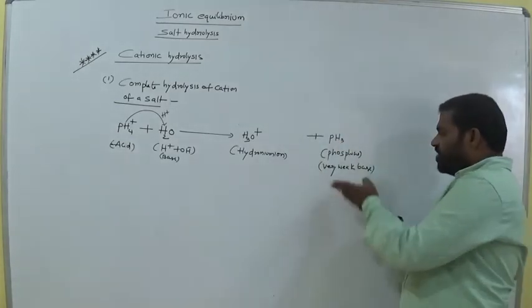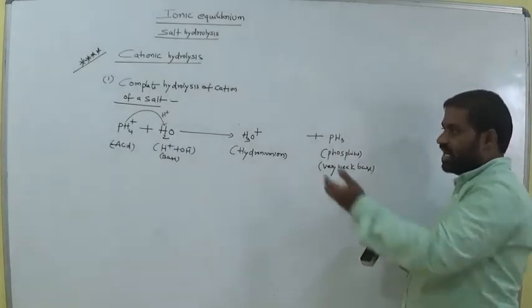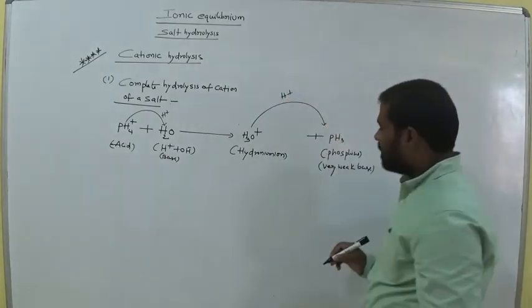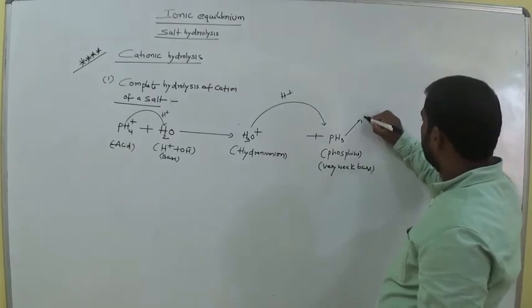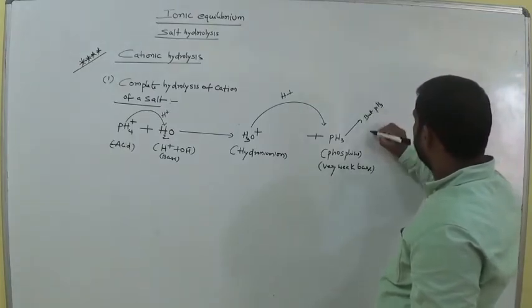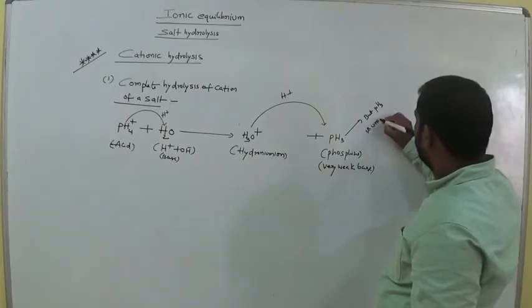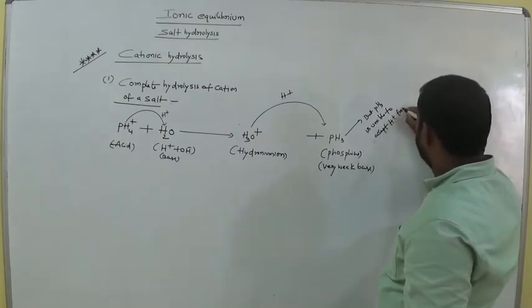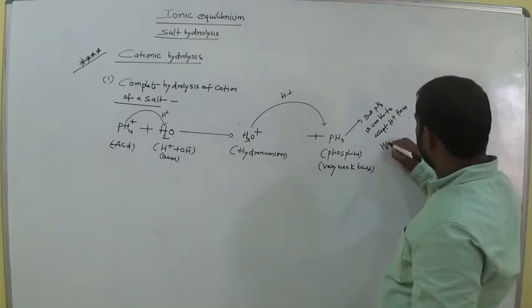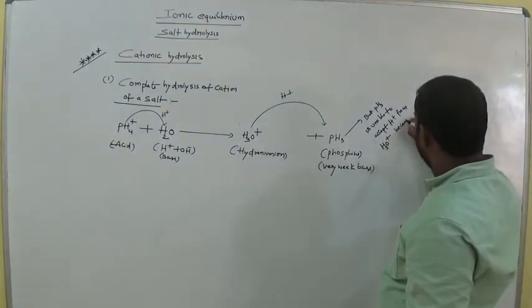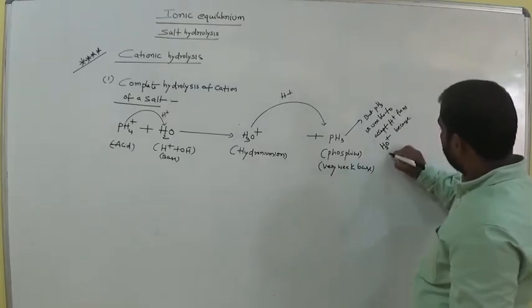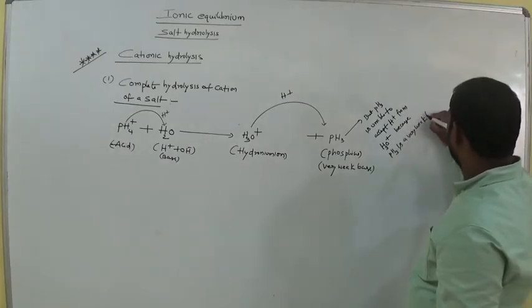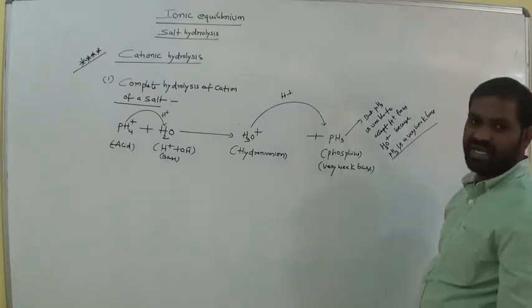But due to its very weak nature, PH3 is unable to accept the H plus from H3O plus, because PH3 is a very weak base, clear? Very weak base. Okay.